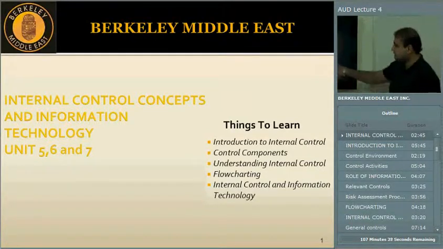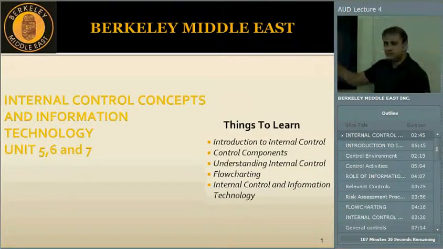Now, we'll start our discussion from the introduction of internal control. Then we will discuss what the control components are. Once we know the components, we will start understanding internal controls. In the CPA examination, flow charting is very important.